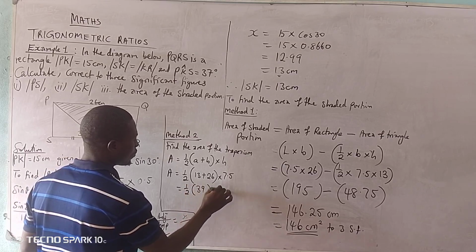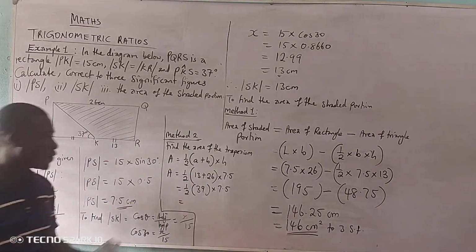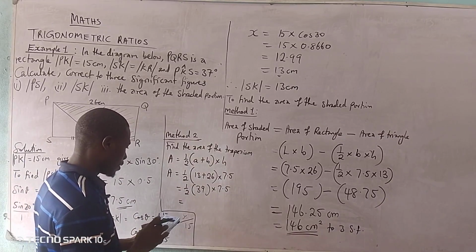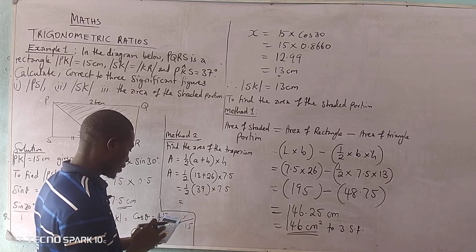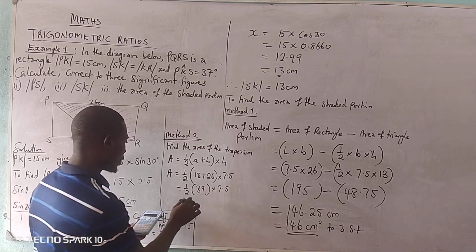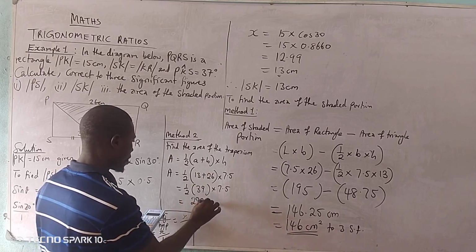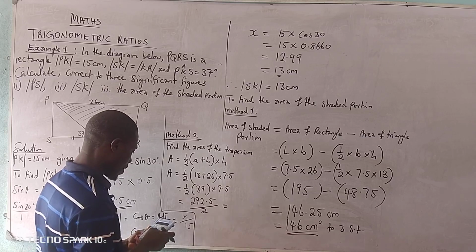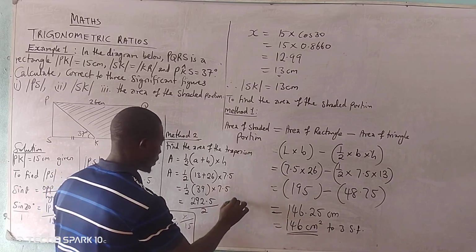So 39 times 7.5 gives us 292.5, divided by 2 gives us 146.25.